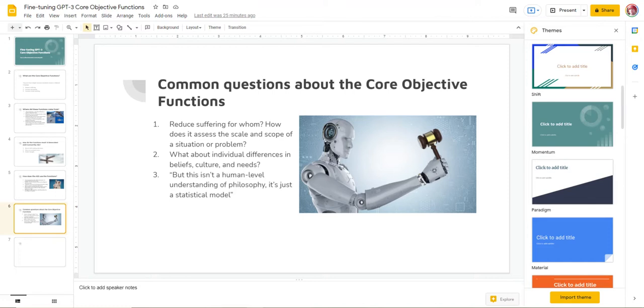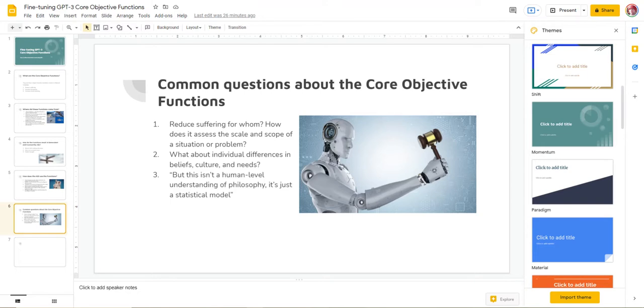And then lastly, number 3, but this isn't a human-level understanding of philosophy. It's just a statistical model. One, I disagree. Because large language models have been trained on many gigabytes and sometimes terabytes worth of data, I think they have superhuman understanding of philosophy. But even without that possibility, the fact that it's a reliable statistical model that can predict what a human would think, that's all you need.